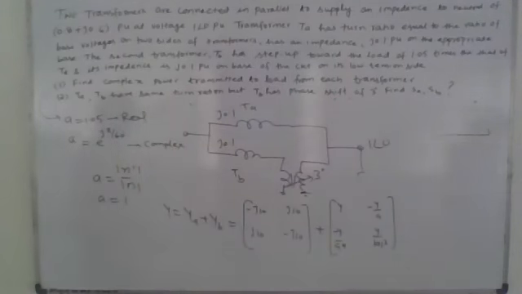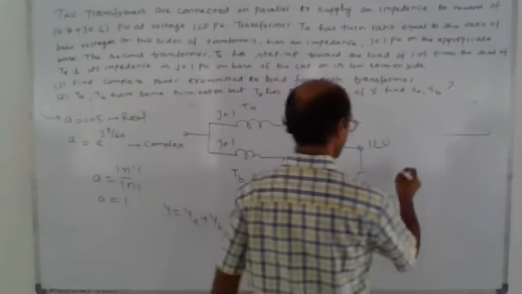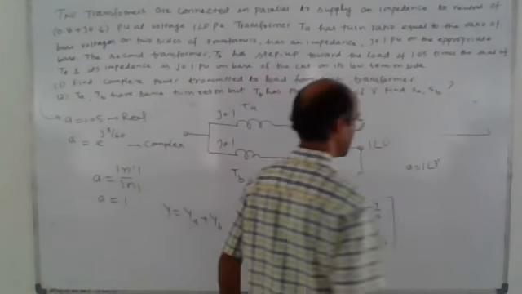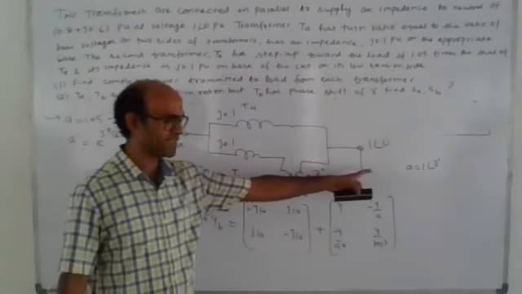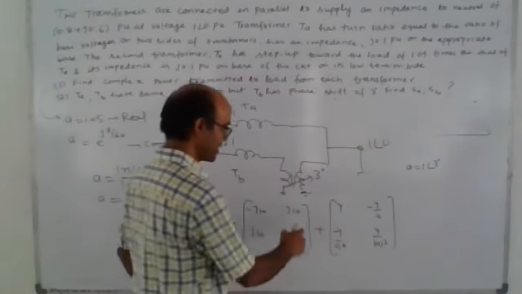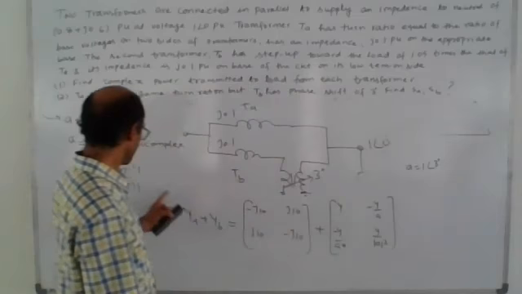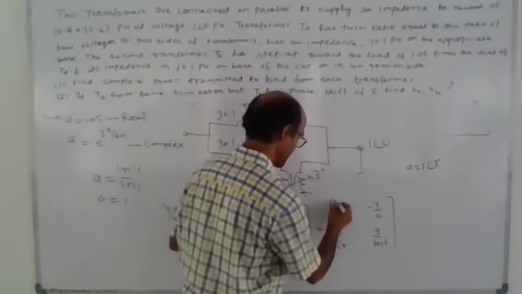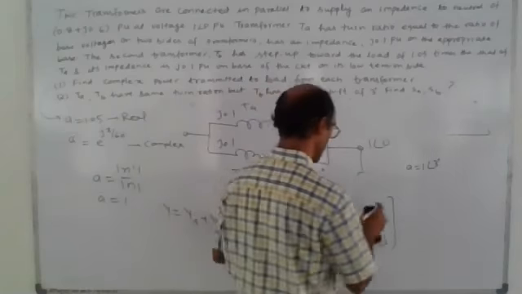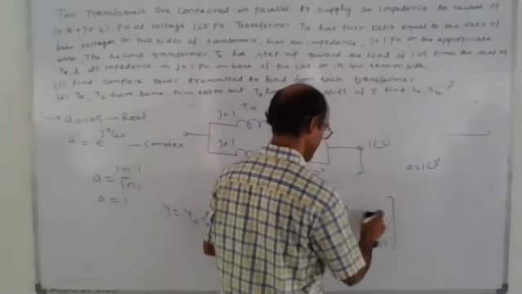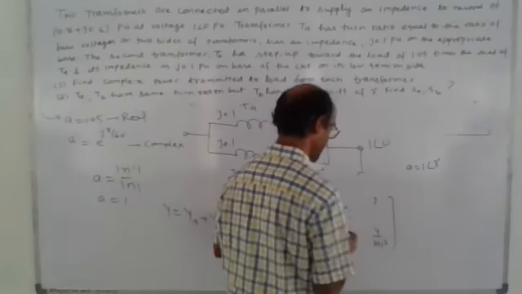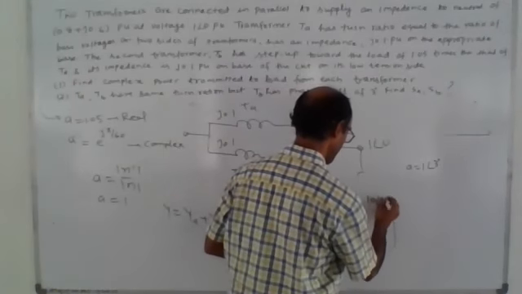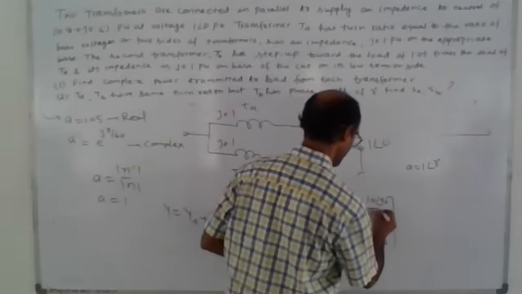So put in the value of A. A magnitude is 1, angle is 3 degrees, because of the 3 degree phase shift. Y is minus J10, so J10 means tan angle 90 degrees divided by 1 angle 3 degrees.